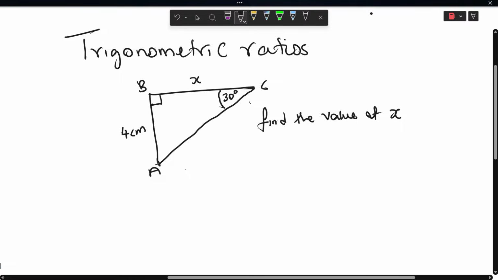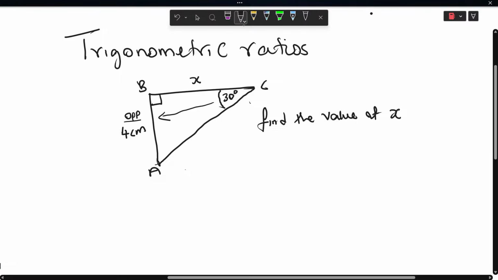So how do you deal with that one if you're looking for the value of X? You use SOH CAH TOA. So this one is your opposite. Why is it an opposite? It's because it's opposite to this angle.